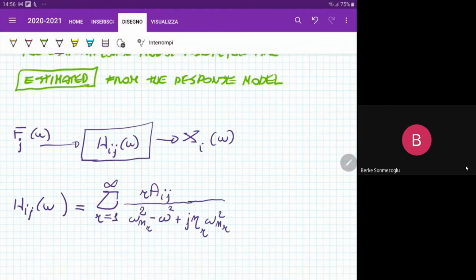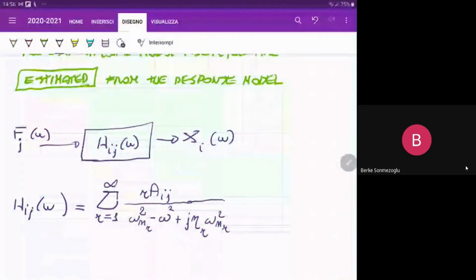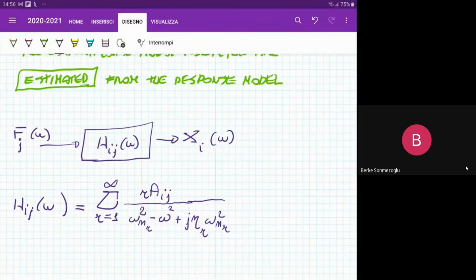Okay, and because we are in a discrete world, I have to add a subscript L to the actual value of the frequency line omega. So everything should be referred to the L index.